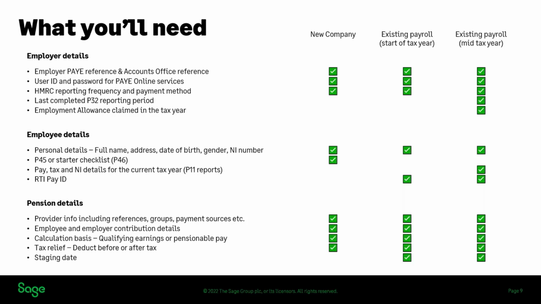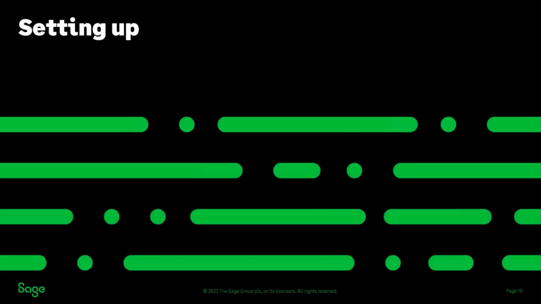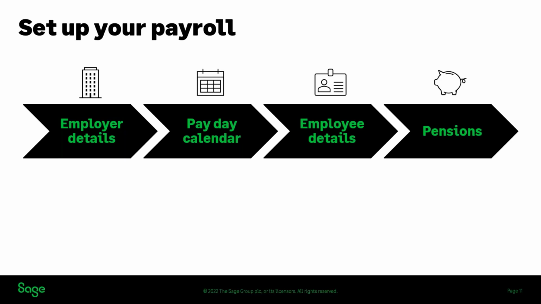So we'll refer back to this information throughout the webinar, but what we're going to do now is move on and take a look at what's involved in setting up your payroll. So I've tried to break this down into 4 tasks. The first one is to enter your employer details, such as that PAYE reference and accounts office reference.